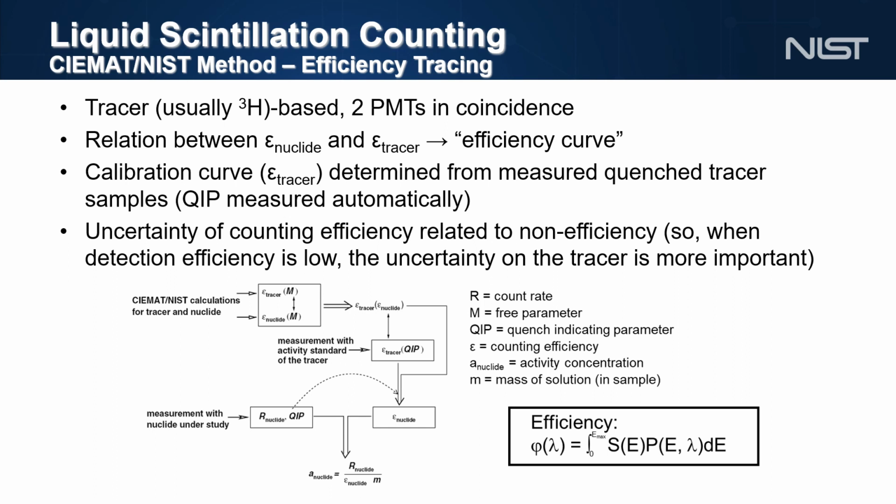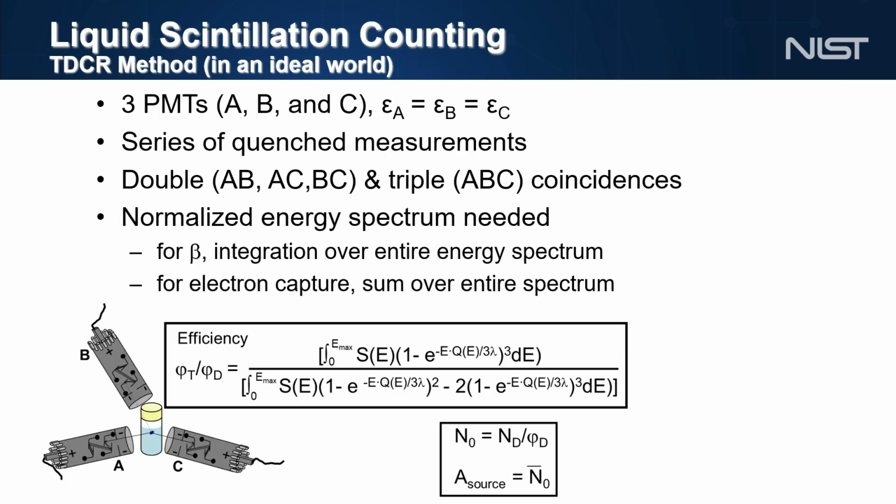This technique has proven particularly useful for half-life determinations if the scintillant is stable. Because the relative standard uncertainty on tritium activity standards can be high, lower uncertainty activity standards, such as manganese-54, may be used as tracers.